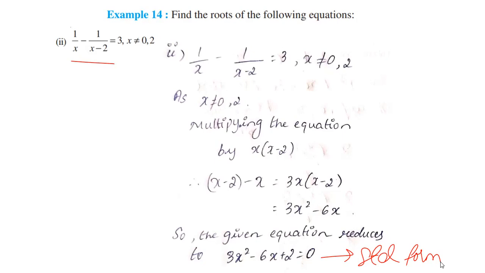Not even a single assistance is required. Whichever question is given, they should get it to the standard form, compare it with ax square plus bx plus c equals 0, and use the quadratic formula. If not quadratic formula, use factorization method or completing the square method. Anything is fine.